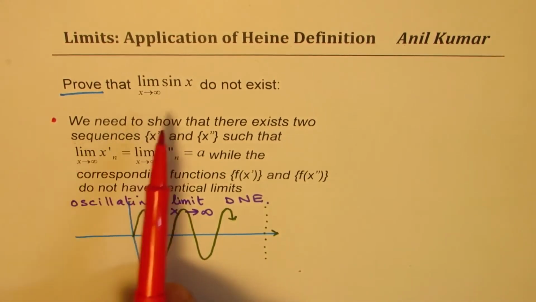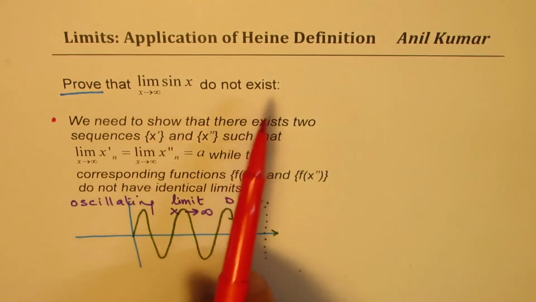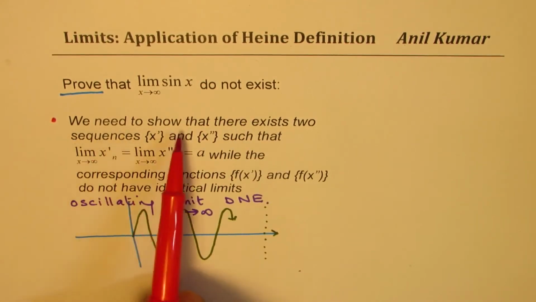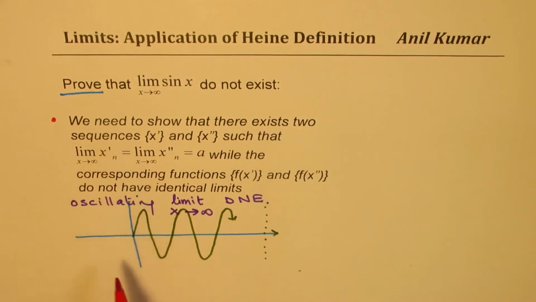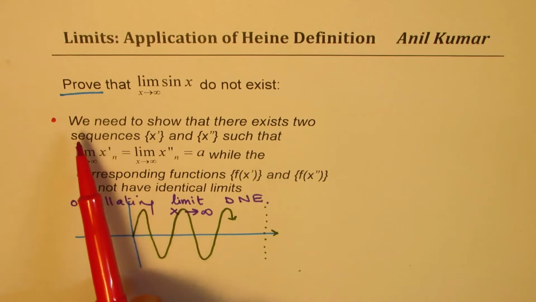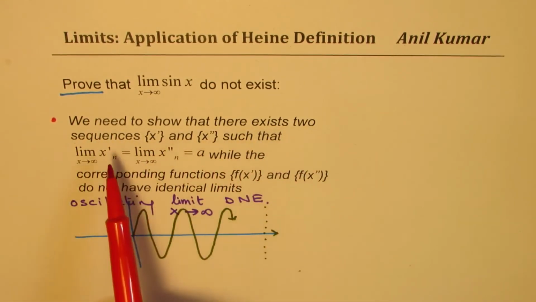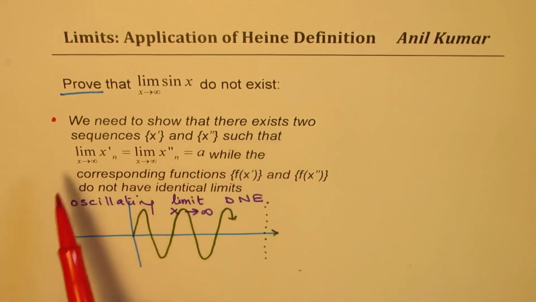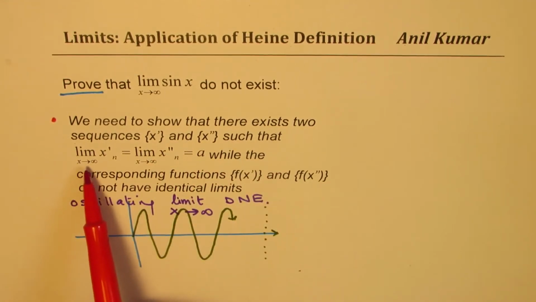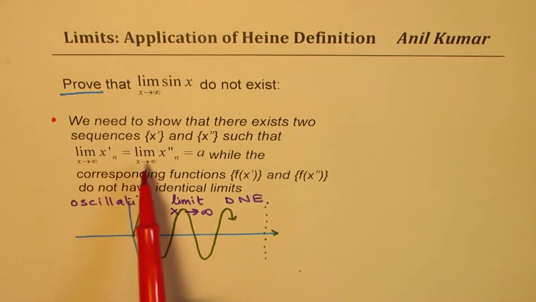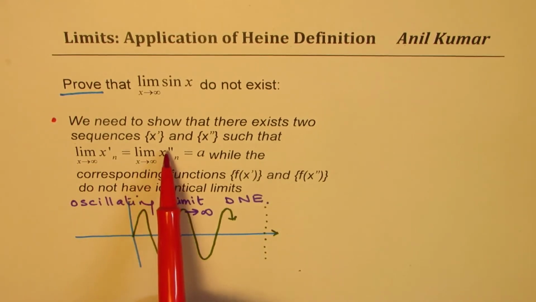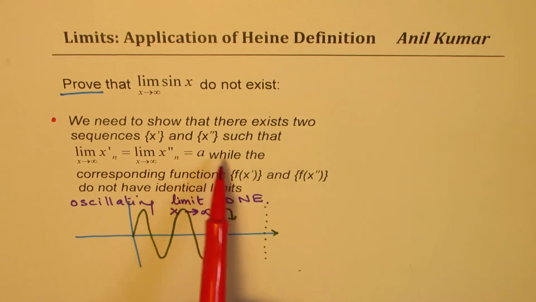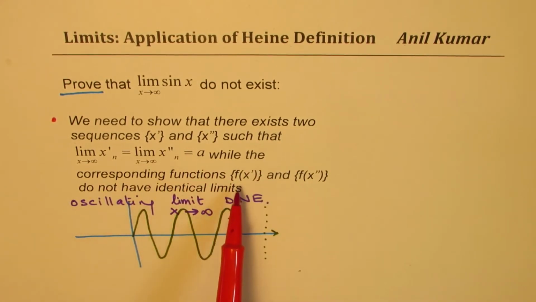To prove that the limit does not exist, we only need to show that there exist two sequences, x prime and x double prime, any two sequences, such that the limit as n approaches infinity for the first sequence is the same as the limit for the second sequence, and it is equal to a, while the corresponding function's limits are not identical.